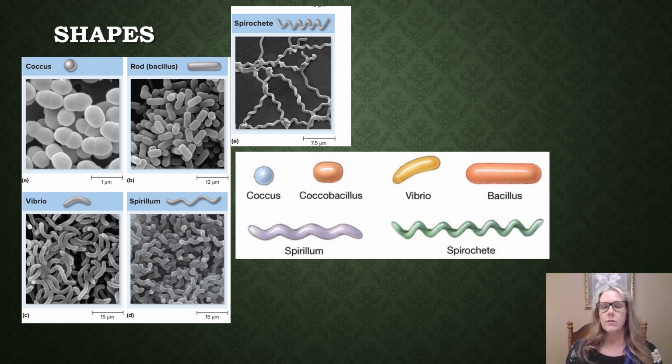There are actually more shapes than this, and the others are put into a group called pleomorphic. So there are little oddballs that look different than the norm. We call those pleomorphic. So there are some other shapes, but these are the most common that we find.